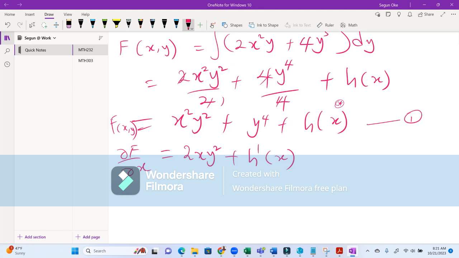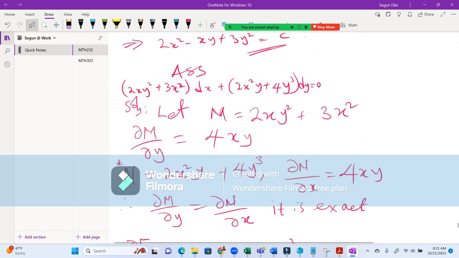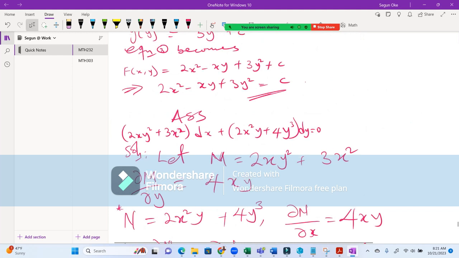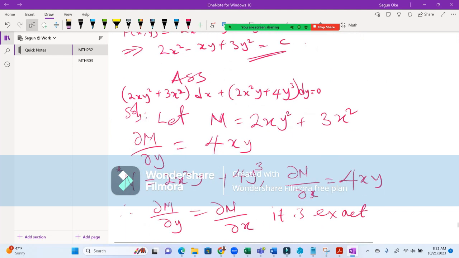Are we together? Now, we need to equate it to, we'll go back to our n, which is up. Equate it to m.